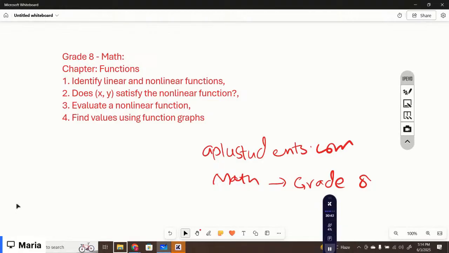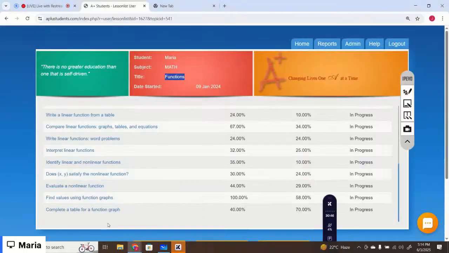And I'm on the chapter functions. So let's just start with the lesson.